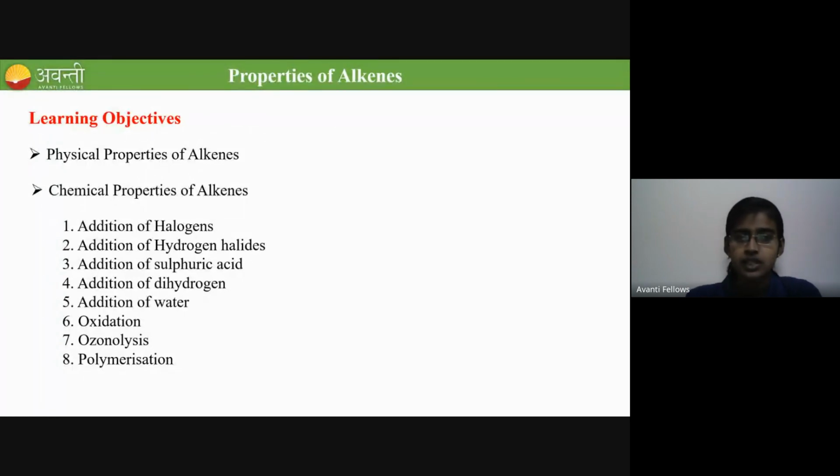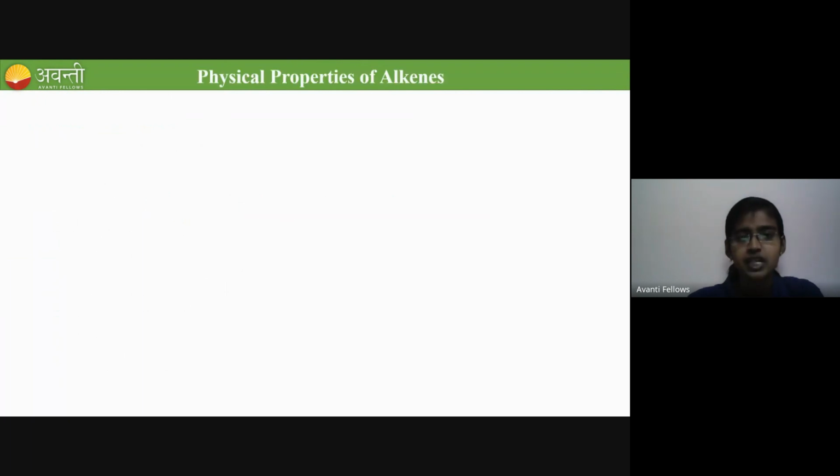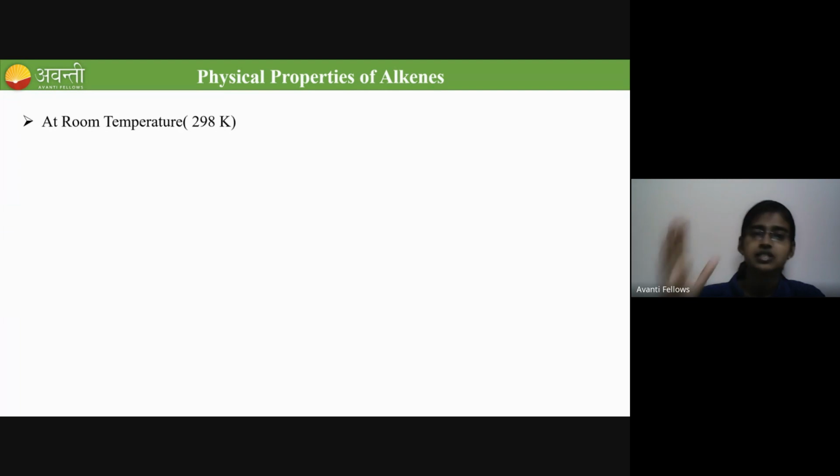Moving on to the first topic for today's class, the physical properties of alkenes. The first physical property is the physical nature of alkenes, whether they are solid, liquid or gas.